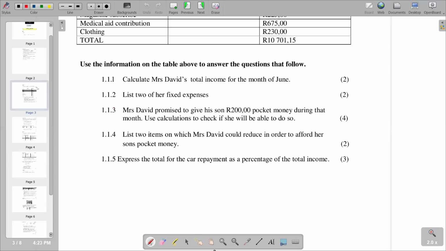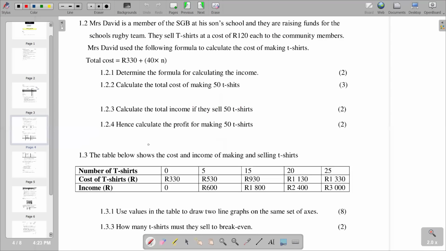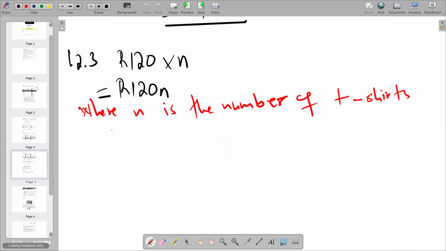So having calculated that, now we need to move on to the next part of our question, whereby we calculate the total cost of making 50 t-shirts, of which 50 is the N. So we're just substituting 50 into N. So we can start by putting our formula, whereby it's 1.2 points.